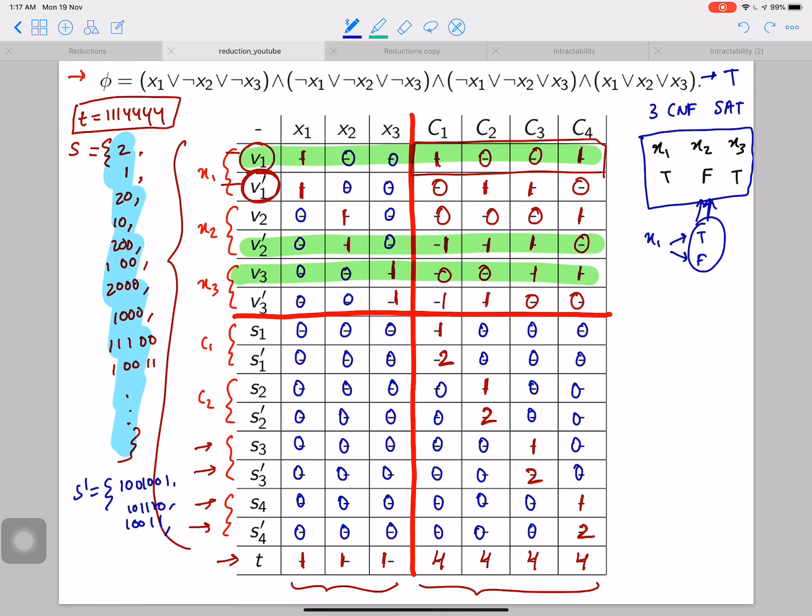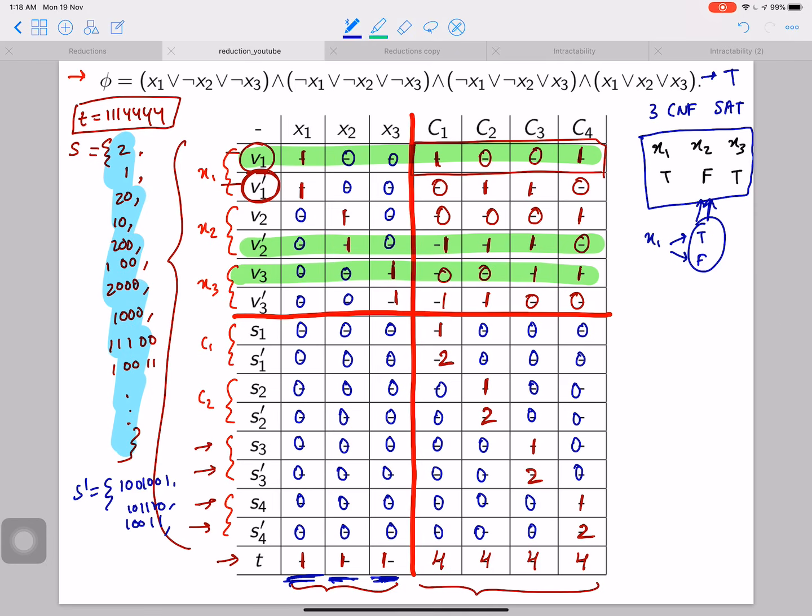So all the xi's are either true or false, which means we will never select consecutive 2 ones. This will help us match the first part of the target, and it will always be 1 and never be 2.